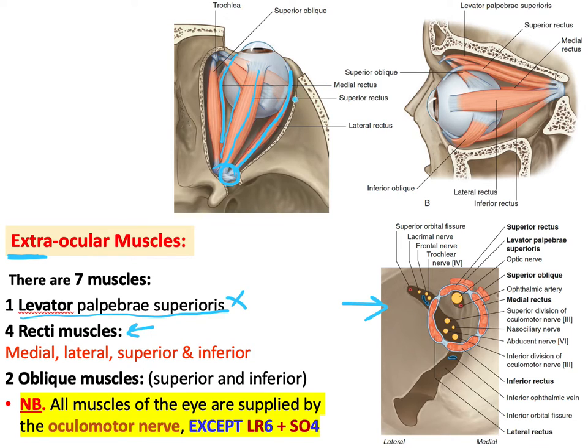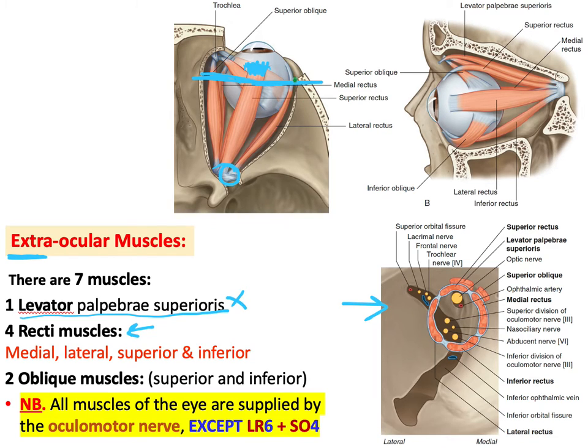And what about their insertion? Look at the eyeball here. If you divide the sclera into 2 halves, right? So look at the recti muscles. The superior inserted in the anterior half of sclera, right? Also the inferior rectus, also the same.